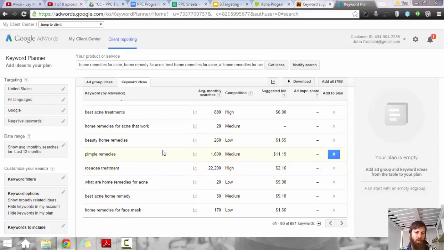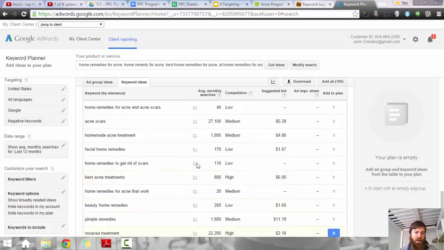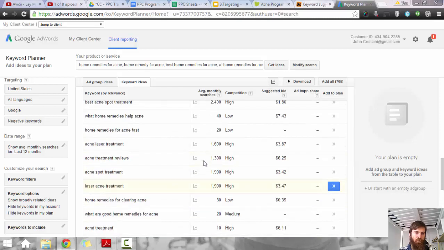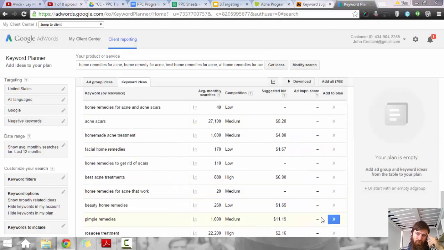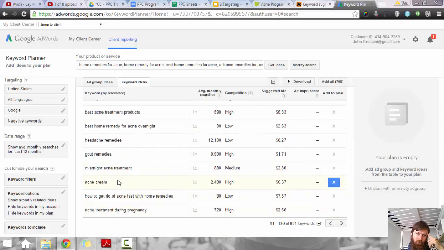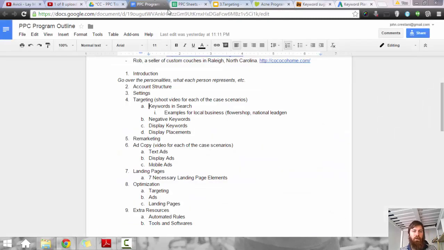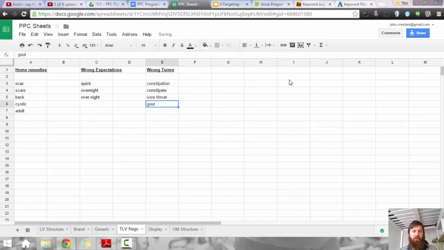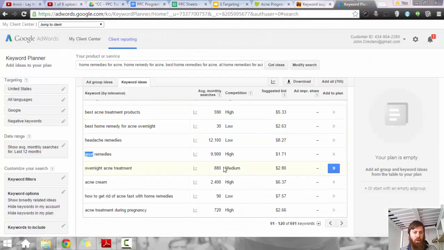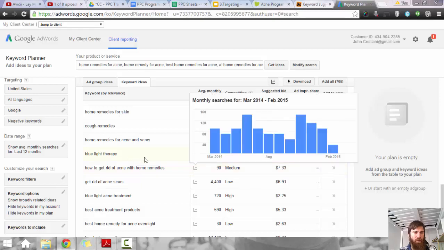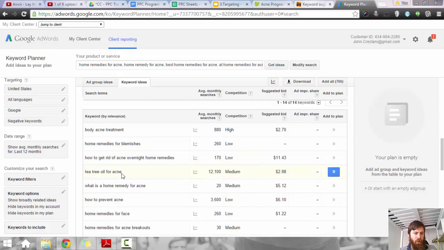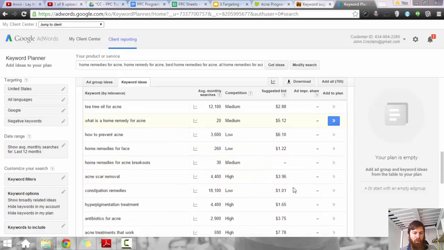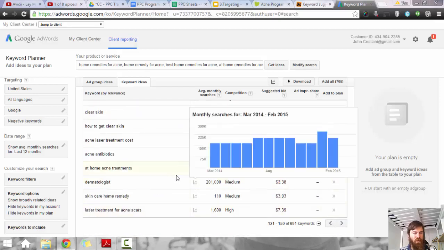Full beauty home remedies, face mask, acne laser treatment, gout. If these are terms Google's throwing up, we just get rid of them. Oil for acne, blemishes, I think blemishes are the same thing.